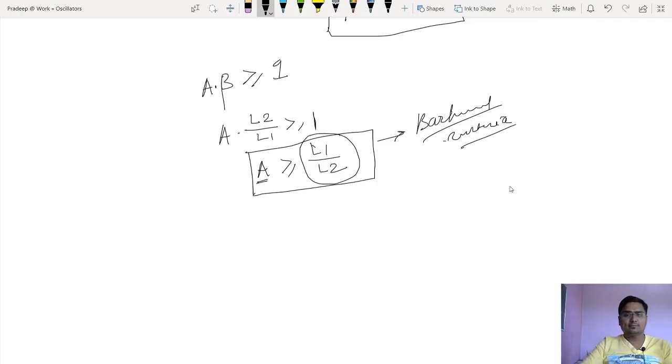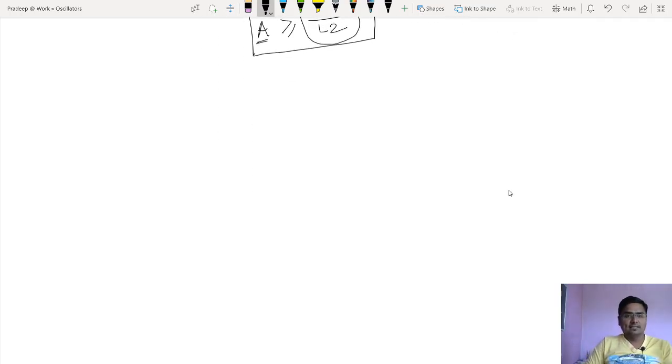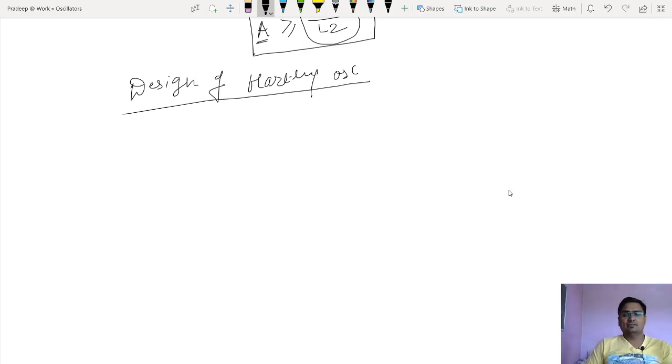Yes, now it is possible for us to start with the design of the Hartley oscillator. So in the next few seconds we will start with the design of the Hartley oscillator.